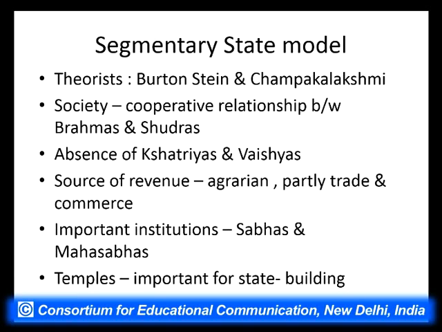This is because, unlike in North India, there was an absence of regular varnas of Kshatriyas, the warrior class, and the Vaishyas, the merchant class. The theory further argues that in the segmentary state, there are two types of sovereign power that existed, that is the ritual suzerainty and the political sovereignty.